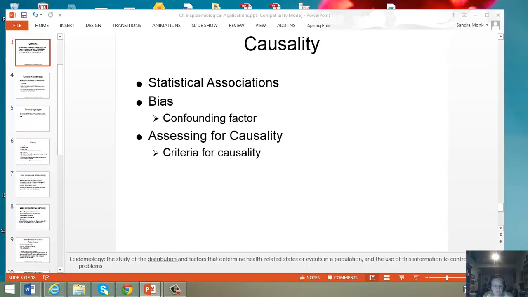Statistical associations related with causality. Something we need to think about with that is bias, where they're looking for confounding factors. It looks at selection, or the way that subjects enter into a study, and also misclassification of subjects once they are in a study.